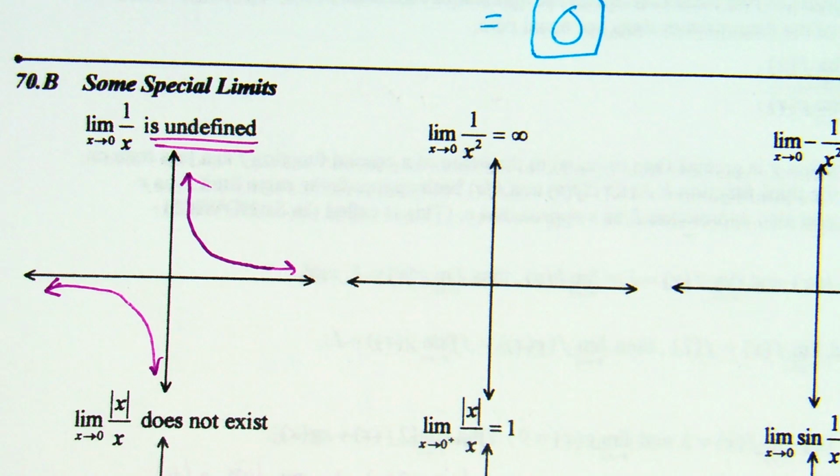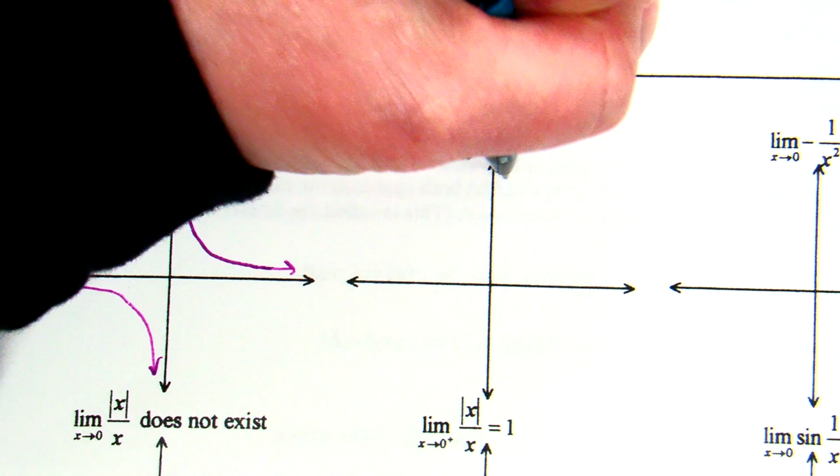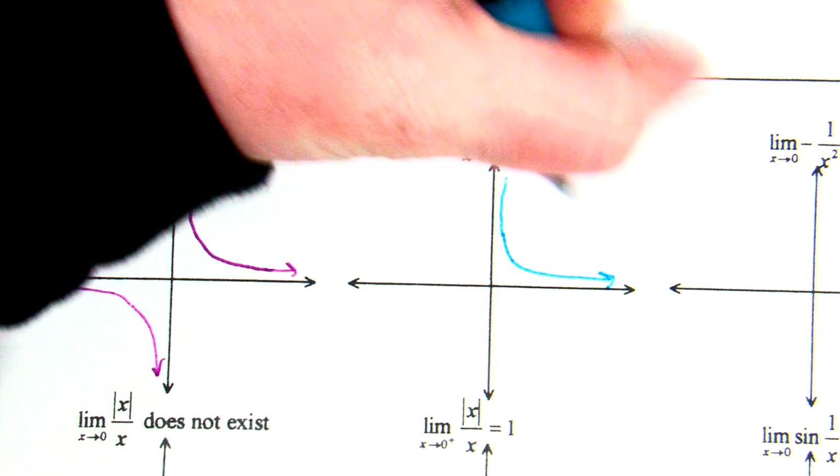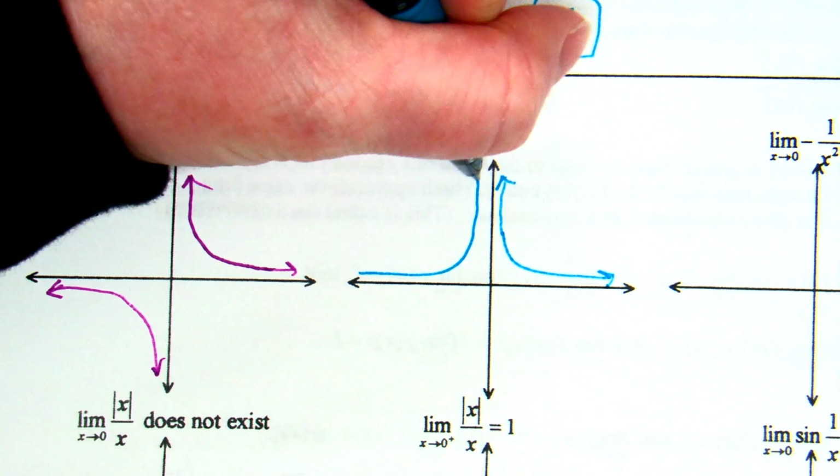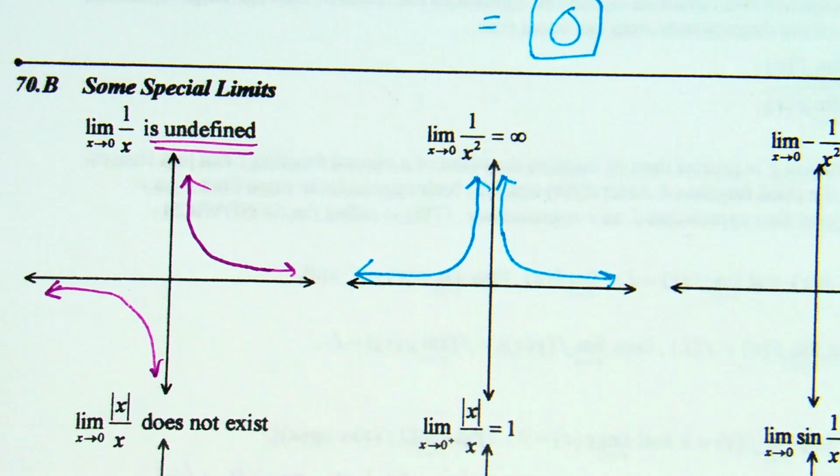The limit as x approaches 0 of 1 over x squared. Do you remember what happens if you square that x? The x squared makes them both go positive. So we've already got the hyperbola in quadrant 1, and the one in quadrant 3 becomes positive, so they're both here.